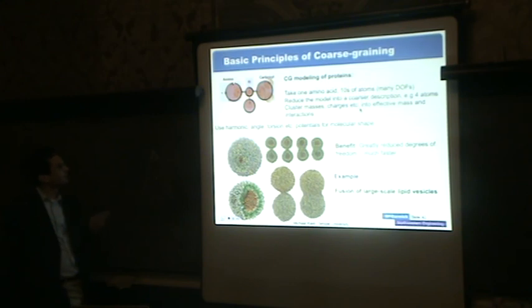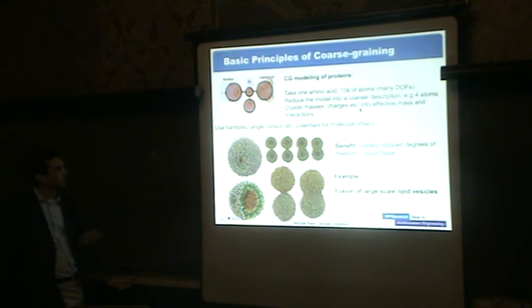Instead of representing every single atom, what we're doing is basically taking one amino acid, which is tons of atoms and many degrees of freedom, and reducing that into a cluster of molecules. So this particle becomes one big particle, and then the other becomes another particle, and then you can have simple spring and angle type of relations between the particles, and this really makes your computation much easier.